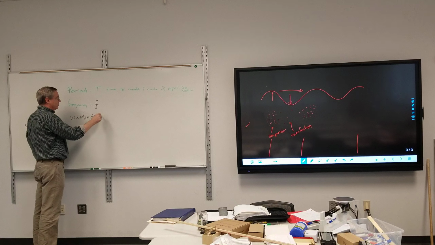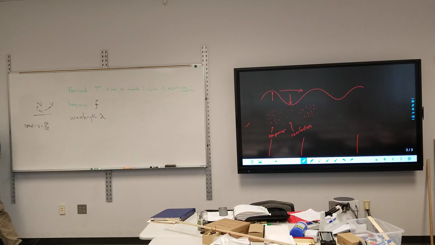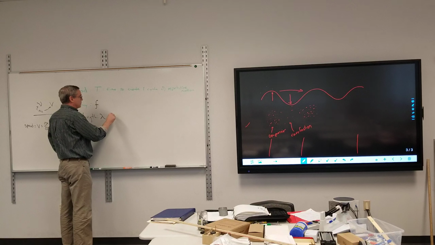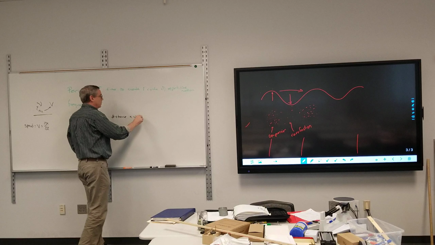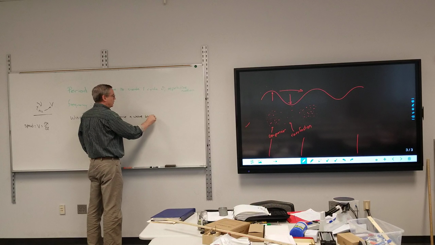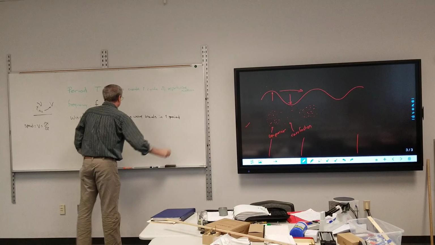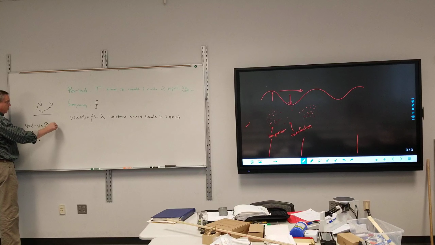The symbol for wavelength is lambda. Using the usual clever, it's a length. What Greek letter starts with an L? Lambda. So this would be the distance a wave travels in one period. So the speed of that wave would be the wavelength divided by the period.